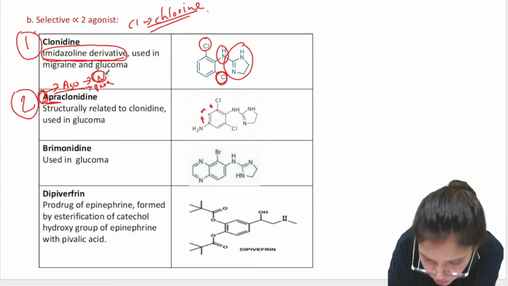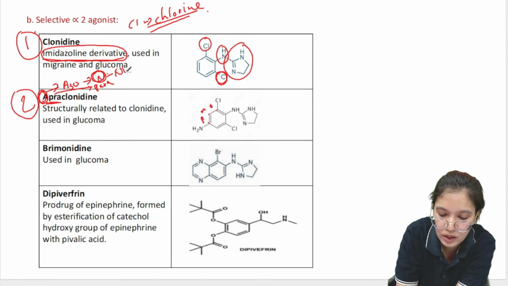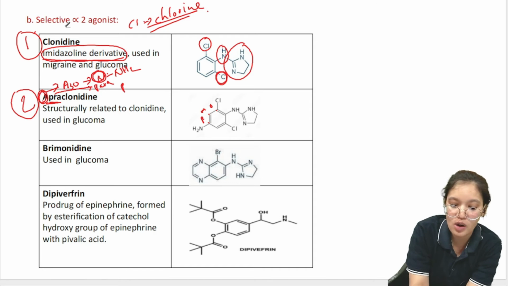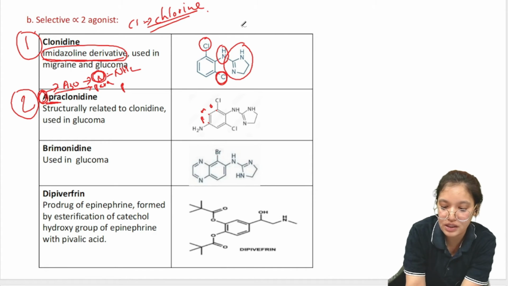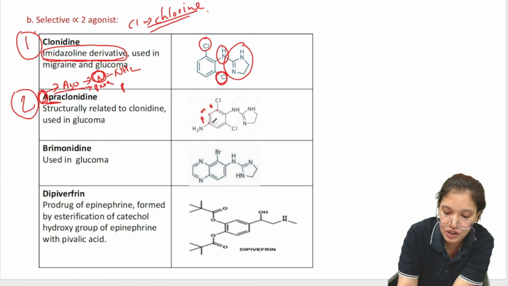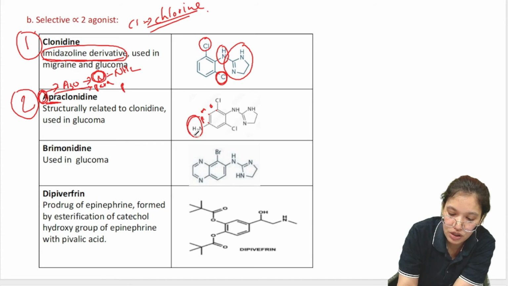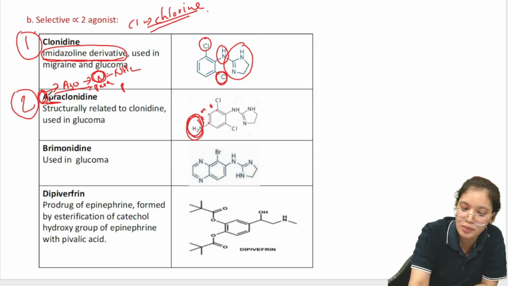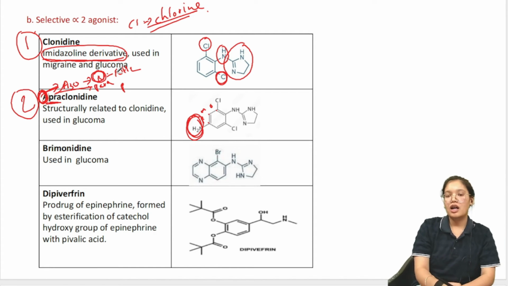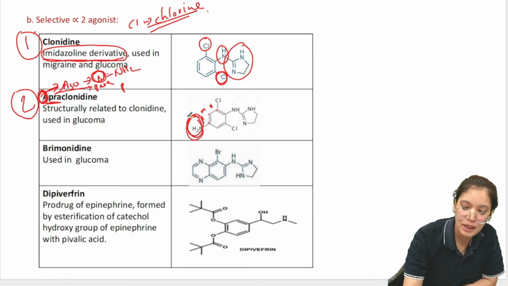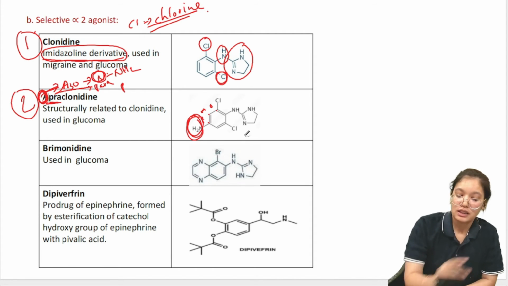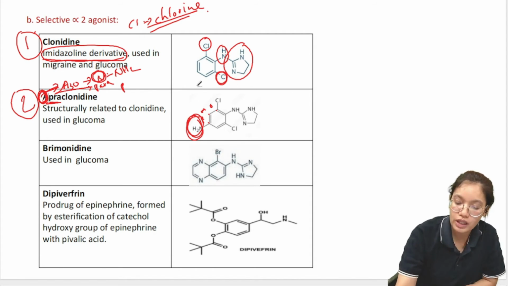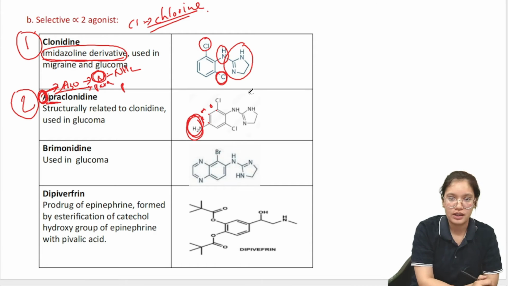So azo, that is NH2 at para position. It is almost similar to clonidine, just we have to attach an NH2 group at para position. From this A, that means azo, azo means N. So an amine group is attached at the para position of this ring. Okay. So apraclonidine, easy to remember.